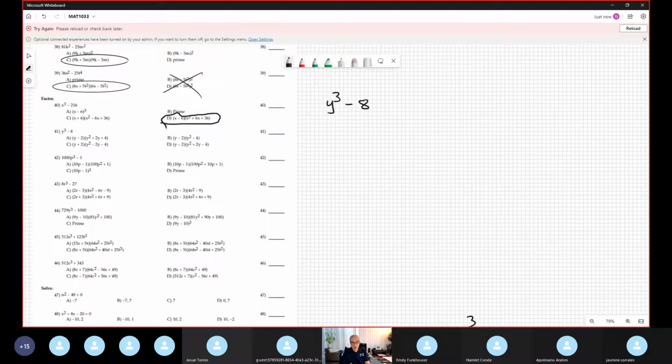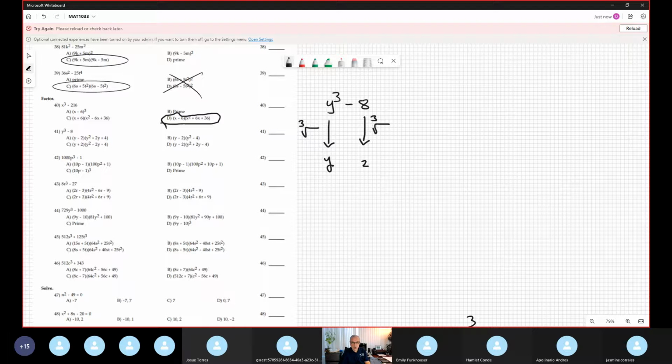It is a binomial, two terms, a subtraction, a difference of cubes, because the exponent is 3 or a multiple of 3, and I know very well that 8 is a perfect cube. So you apply the cubic root here and here. The cubic root of y cubed is y, and the cubic root of 8 is 2.